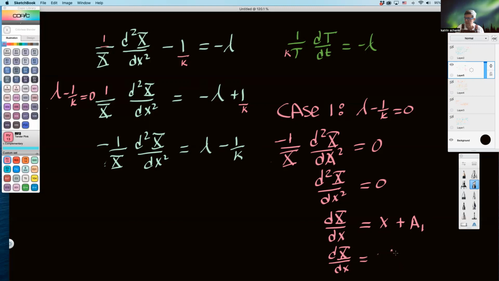Sorry, my bad. Okay, I am messing up right and left. So integrate one time, this gives me a constant, not x. So I'll call that a1. Integrate again, constant times x now, plus a2.